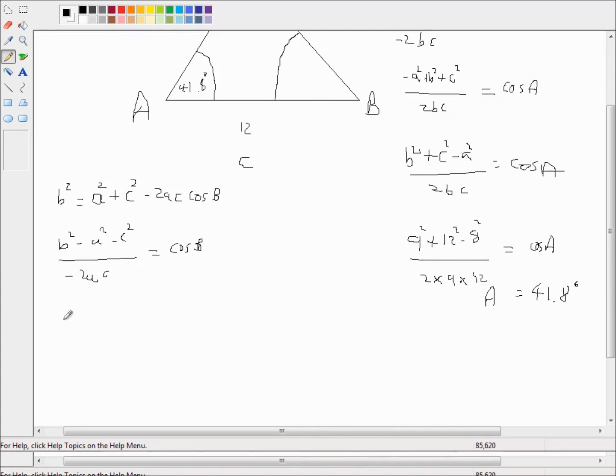So I've got A squared plus C squared minus B squared over 2AC is equal to cos B.